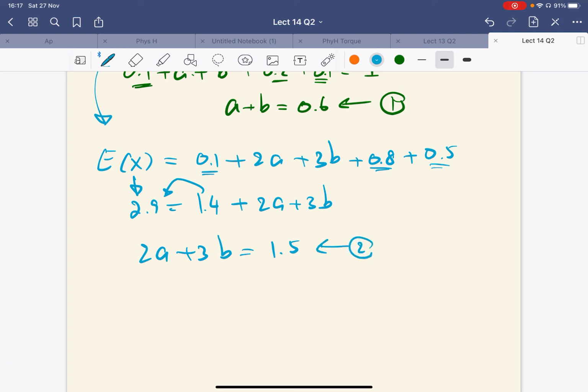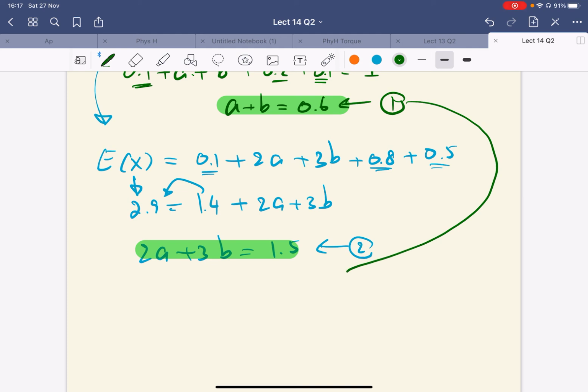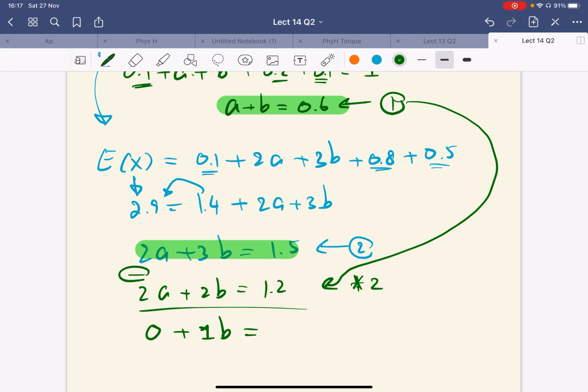Now we have simultaneous equations, where this is your first equation and this is your second. Let's multiply the first by 2. I get 2a plus 2b equals 1.2. Subtract them: this is 0a plus 1b, and subtracting these two, you get 0.3.